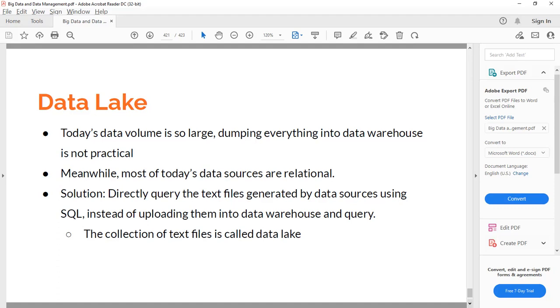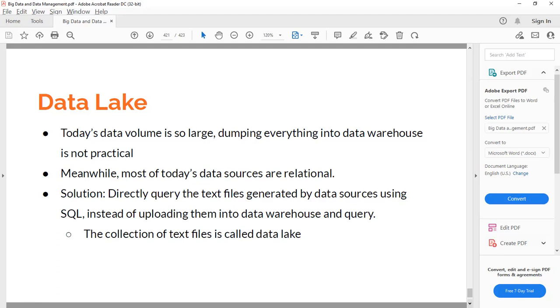And remember, in the very beginning of this class, we mentioned that in the early days of databases, people used files to store data and perform analysis on files. So we are going back to the same approach, working directly on the files, but with more advanced technology.